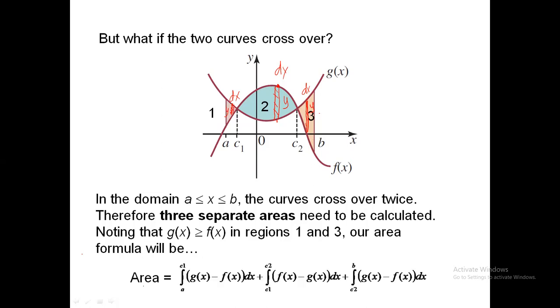In the first section, you have g of x, the upper curve, g of x minus f of x, limit is A to C sub 1. In the second section, you have f of x minus g of x, limit is C sub 1 to C sub 2. And in the third section, you will have g of x again minus f of x, limit is C sub 2 to B.